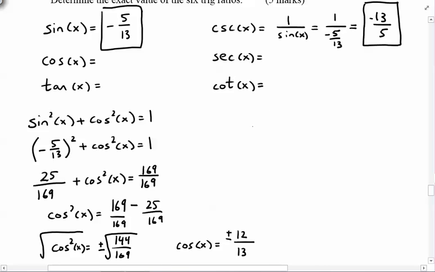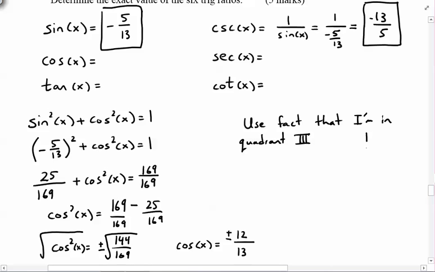So now I'm going to use the fact that I'm in quadrant 3. That's what the problem said. And that'll help me to decide whether I should choose the positive or negative square root.